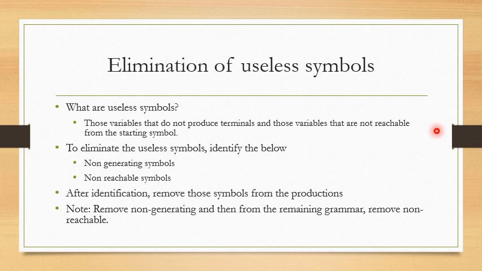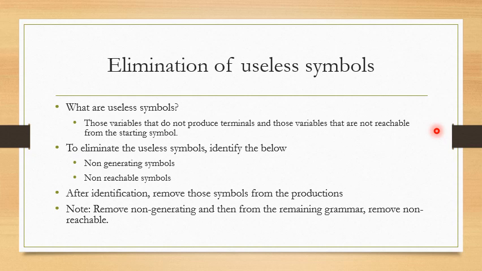So what are these useless symbols? Useless symbols are those which do not contribute anything to the grammar productions given. We have to identify those productions which do not yield any terminals, and those symbols which are not reachable from the starting symbol.